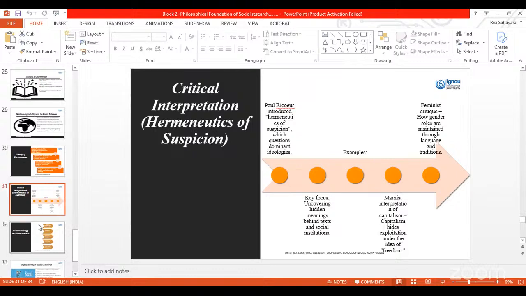In the various traditional practices, how it is hidden means we behave in such a way that it is quite normal, right? The key focus is uncovering hidden meanings behind texts and social institutions. The Marxist interpretation: capitalism hides exploitation under the idea of freedom.